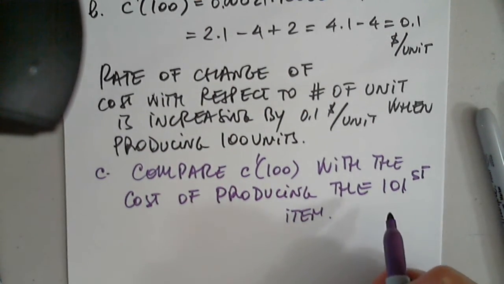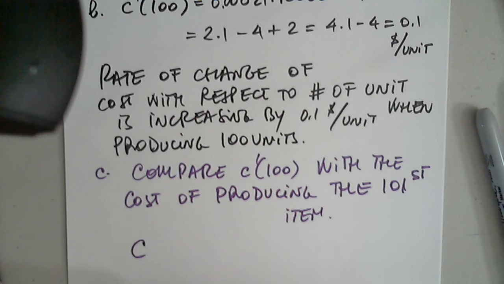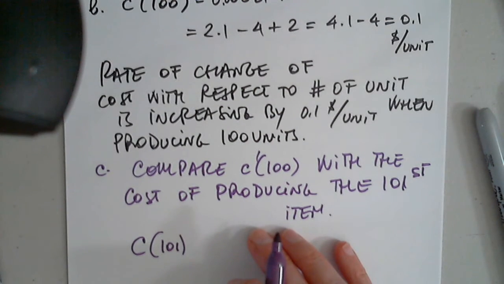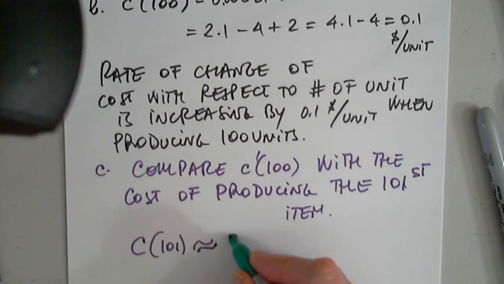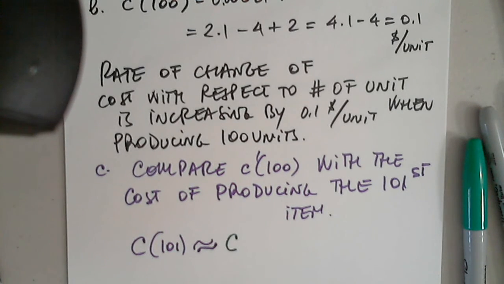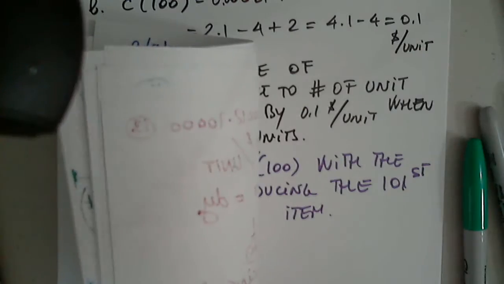So you understand what happens here. We want to find C of 101. What is C of 101 approximately equal to? And I'll wait for you to discover this. I need this to come from you. Collectively, that would be great.